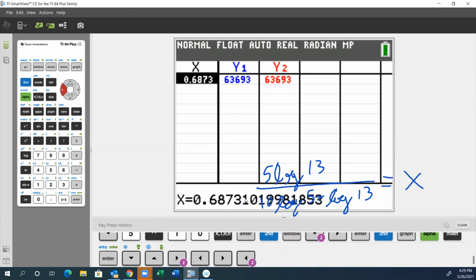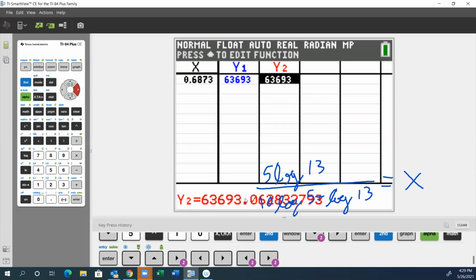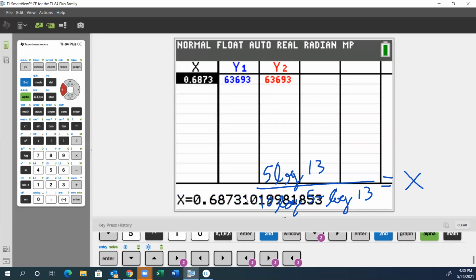So everything's okay. Yeah, they're off ever so slightly after a few decimal places. That's just because of round off error. Nothing to worry about.